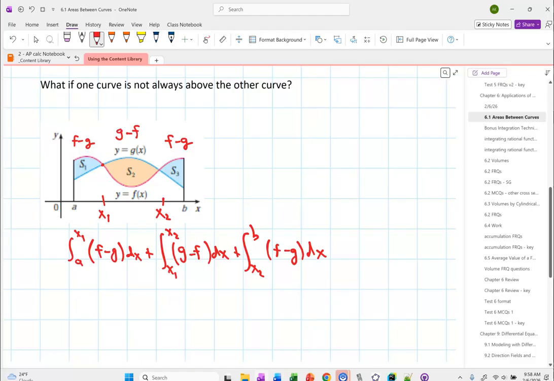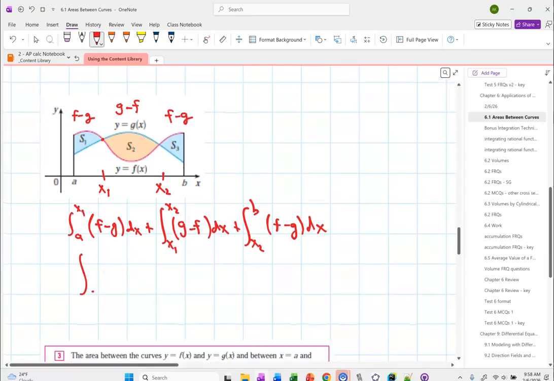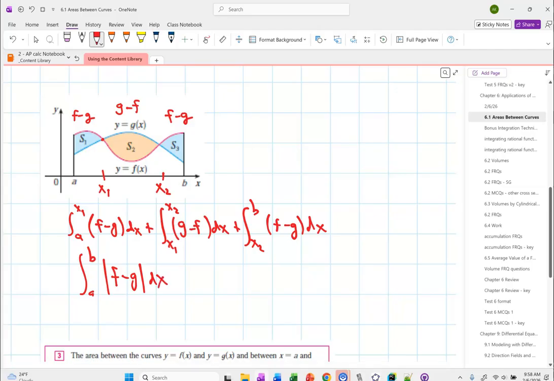So I just do something like that. Or, if I have a calculator, just use the absolute value and be done with it. Much easier, right?